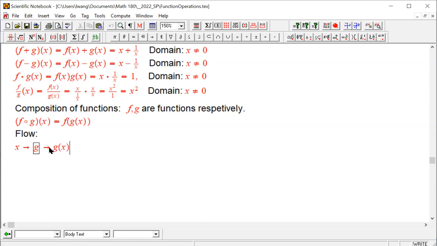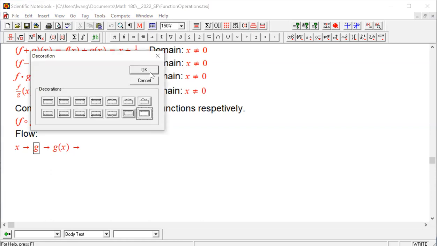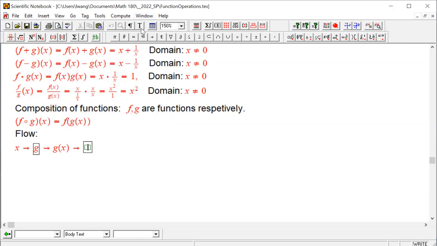Then g of x will serve as an input, and this input will be the input for the rule of f. And then it produces f of g of x. So this process is called a composition of functions.